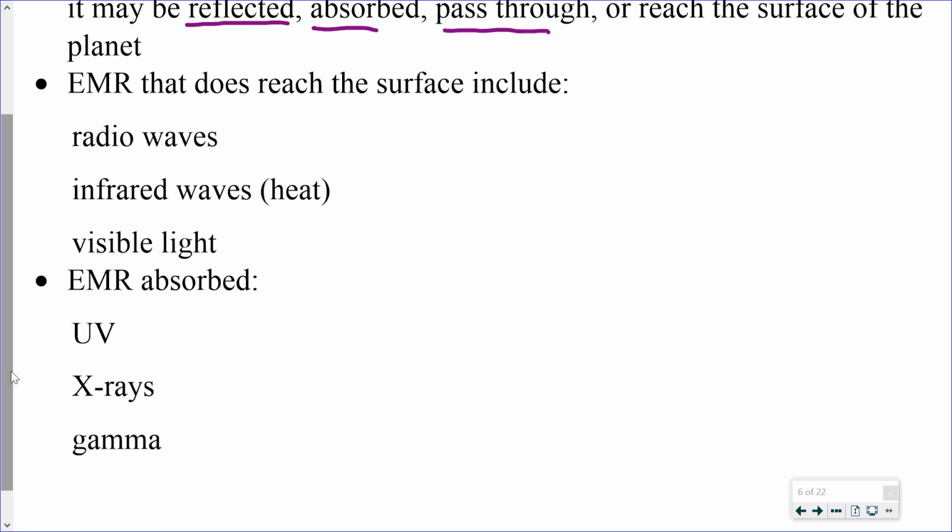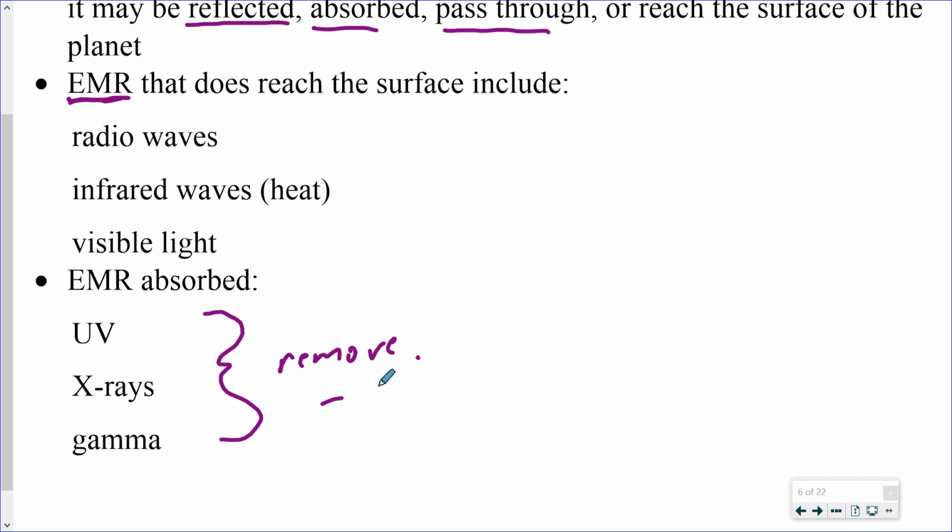Also important to understand that of the EMR that is directed toward the Earth, not all of it does reach the surface of the Earth. And this is really important. We do have an atmosphere that is essentially going to remove these ones at the bottom.